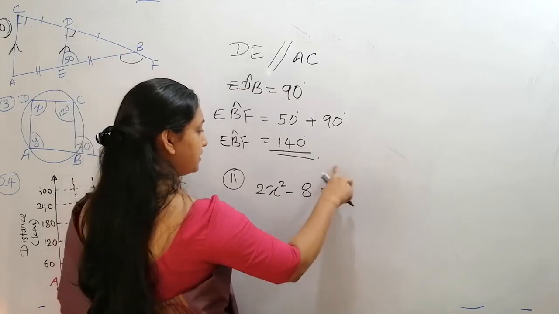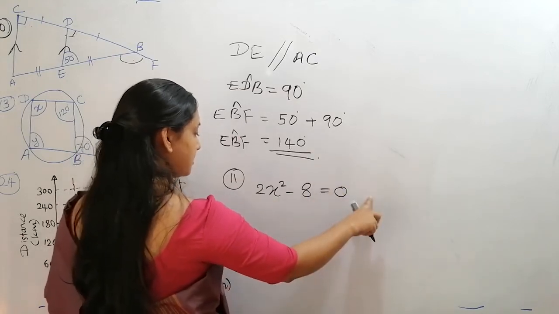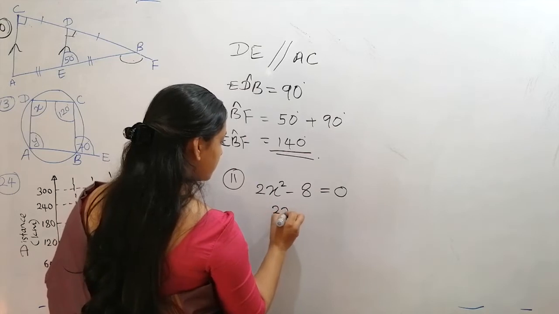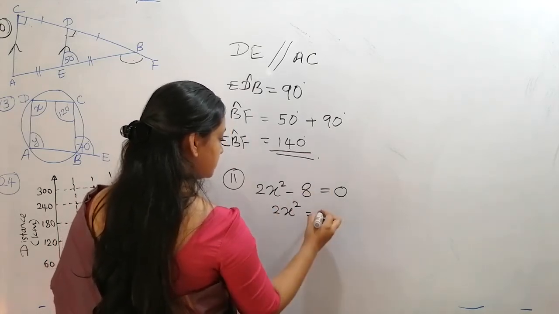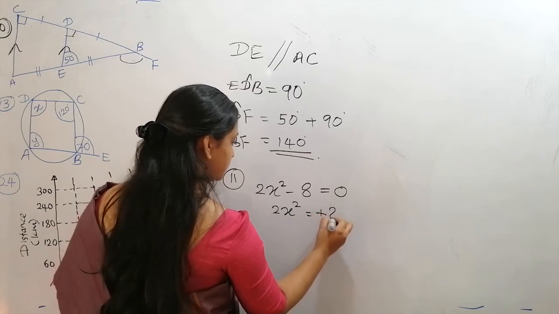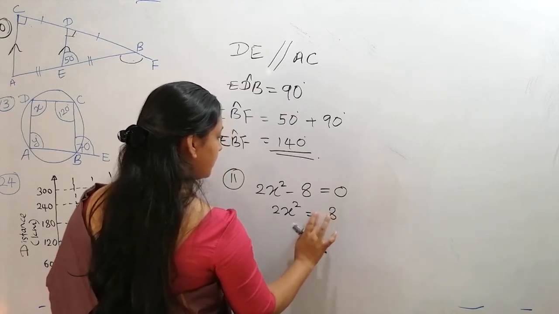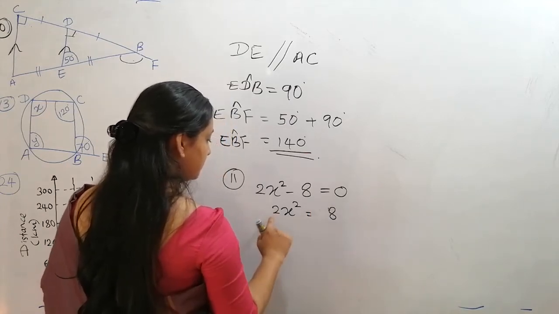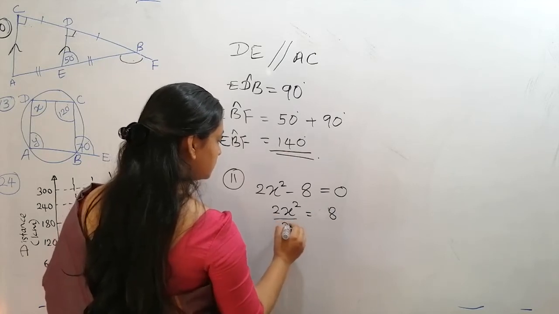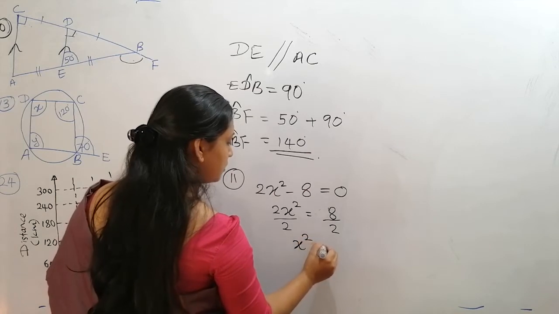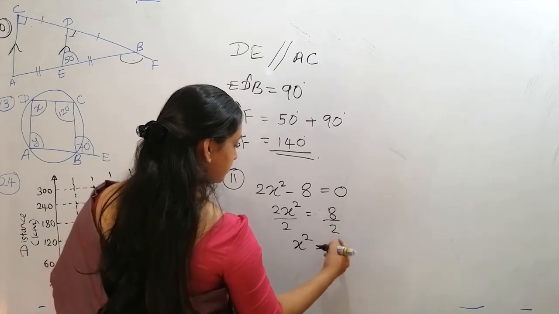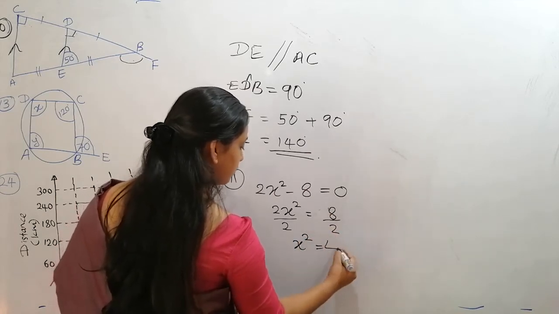Then we can bring the numerical terms to the right side. 2x squared equals minus 8, which turns to positive 8. We can divide both sides by 2. x squared is equal to 4, since 8 divided by 2 is 4.